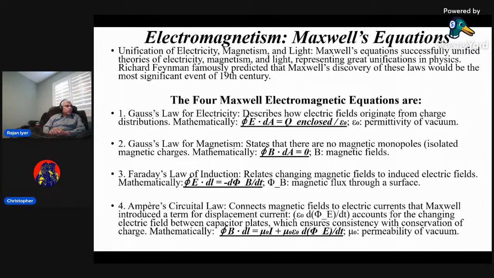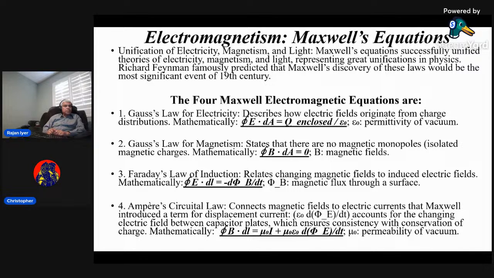That's the fundamental law. Faraday talked about induction, that a changing magnetic field can induce an electric field, and a changing electric field can induce a magnetic field. So this was a very important discovery, which could lead to the invention of, for example, electric motors, dynamos, generators, and things like that, among other things.